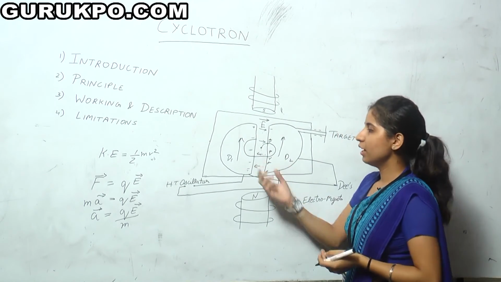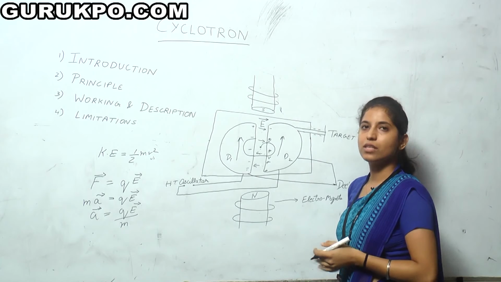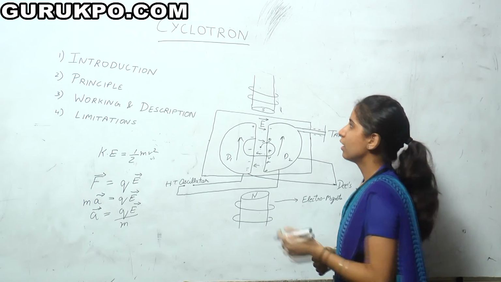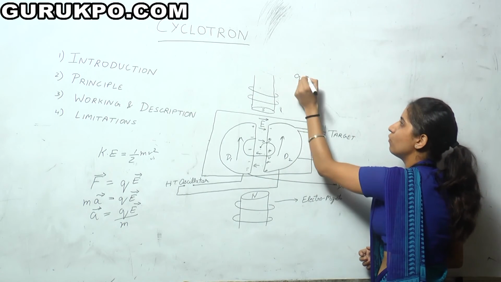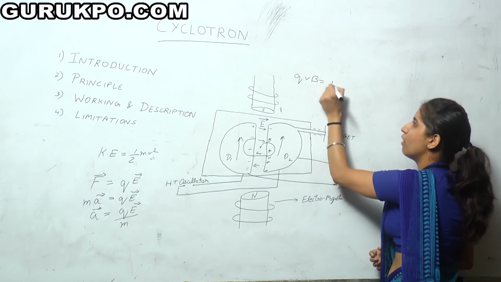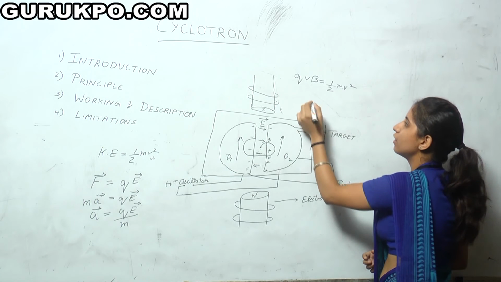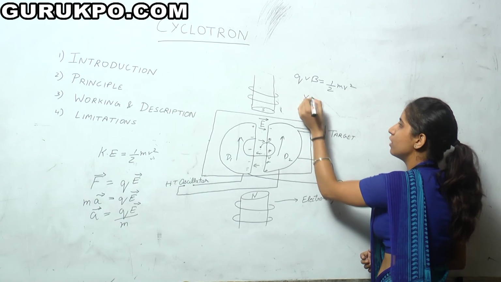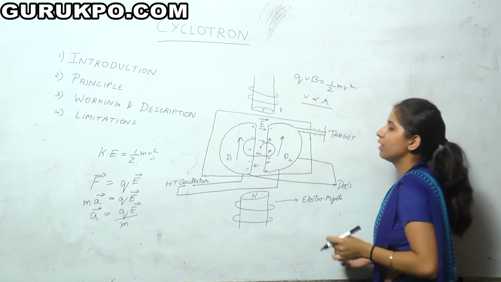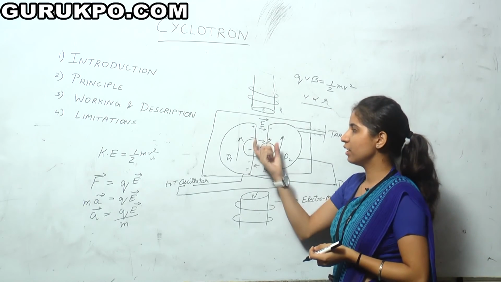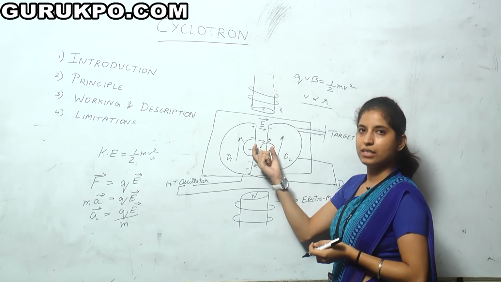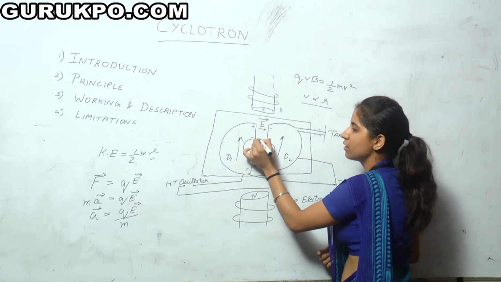In the magnetic field, the magnetic force is equal to the centripetal force. This is QvB equals mv square by r. From this we get v is proportional to r. That is, if velocity is increasing, our radius will increase slightly.